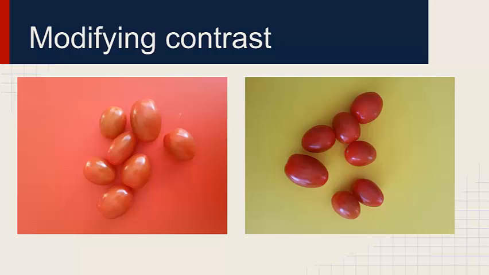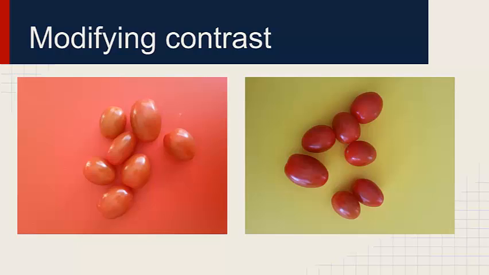Okay, next I'm going to move on to explain to you how to modify contrast. So if your patient has contrast problems, and I would be very surprised if your patient with low vision didn't have a contrast problem, you can actually help them by teaching them to increase the contrast of objects that they're looking at.